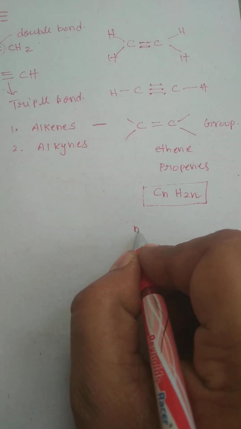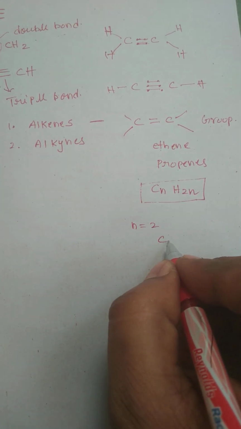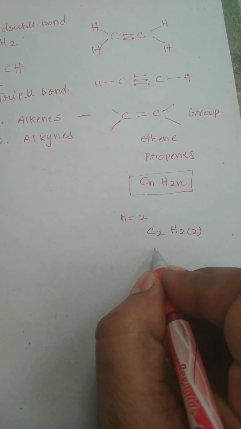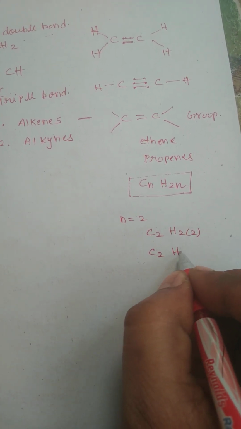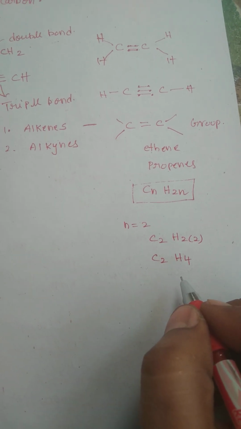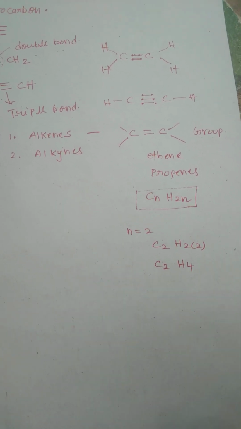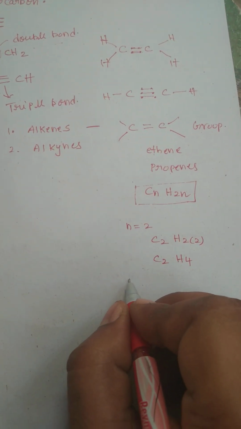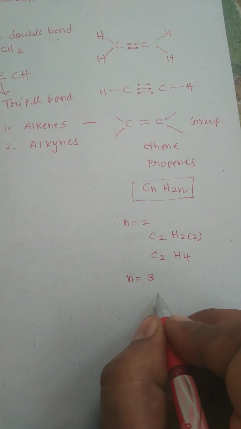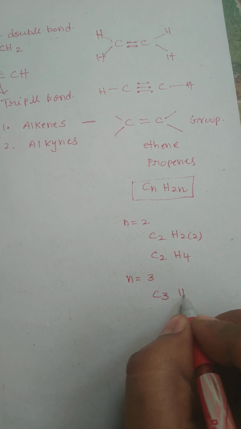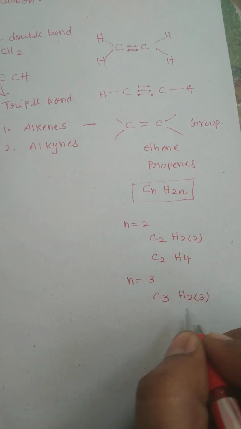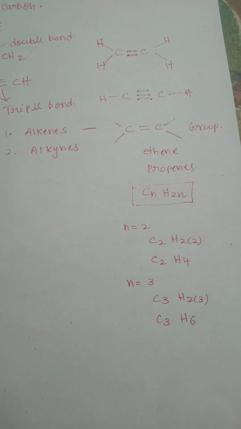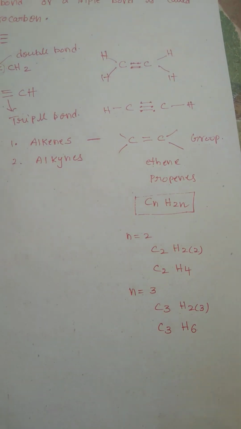So, if n equals 2, C2H2 into 2, C2H4. Suppose n equals 3: C3H2 into 3, C3H6.